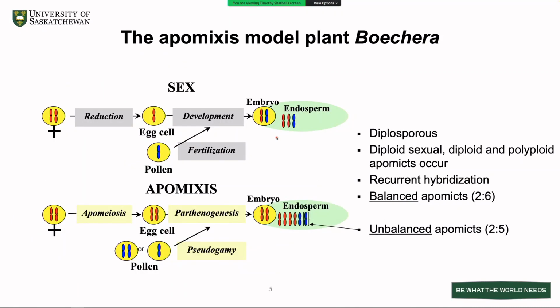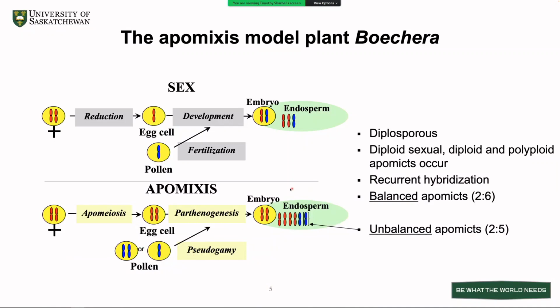Very quickly, Boechera reproduces through sexual means, and we all know how sex occurs. We have fertilization to make an embryo and endosperm with a diploid to triploid ratio, and this is very normal in sexual plants. But in apomicts, we have diplosporous apomixis in Boechera, and so we have the production of a meiotically unreduced egg cell in females. We do have pseudogamy. The male function in Boechera produces both haploid and diploid pollen.